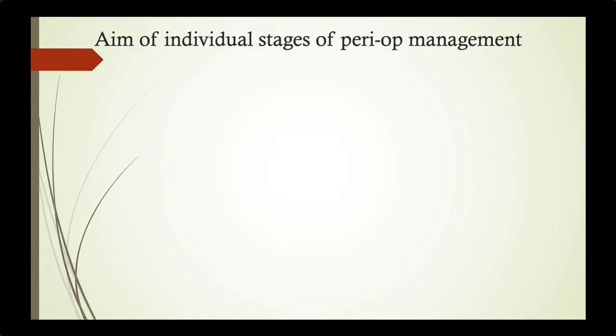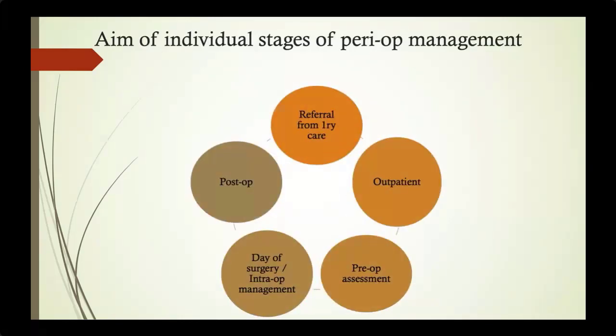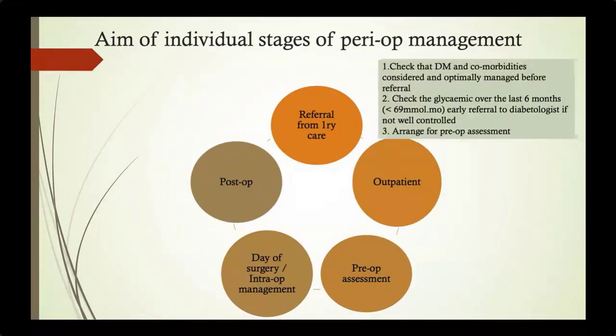So let's talk about the aims of the individual stages. To start with, the stage of referral from primary care and the one from outpatient surgical units are more or less the same, really, to be honest. It encompasses checking that the diabetes is well controlled, and that all the comorbidities have been considered and put into the equation to make other decisions.